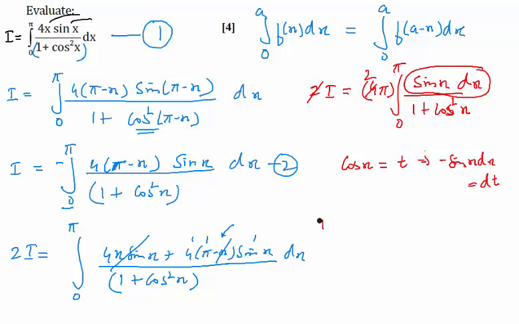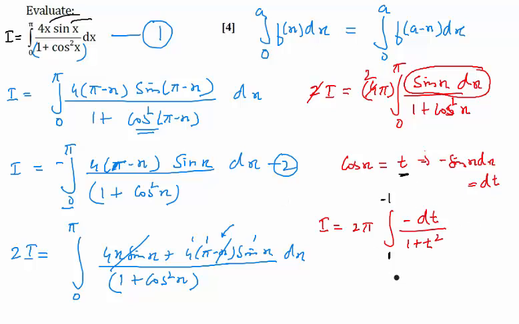So I will get I is equal to 2 pi times the integral from 0 to pi of minus dt divided by 1 plus t square, right? Since I have changed my variable, let us also change the limits. When x is equal to 0, the value of t will be 1, and when x is equal to pi, the value of t will be minus 1, right?